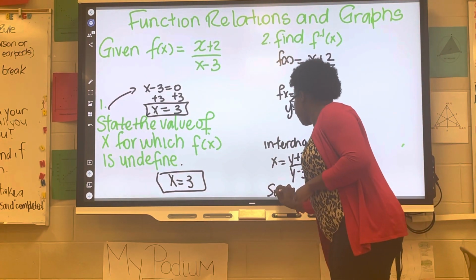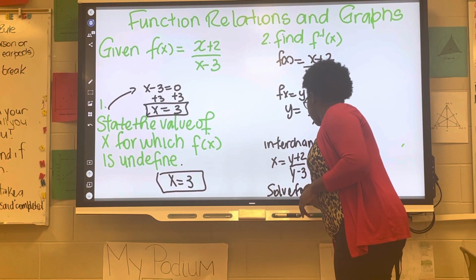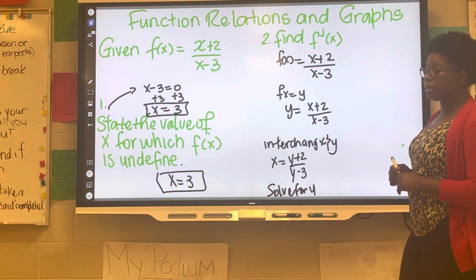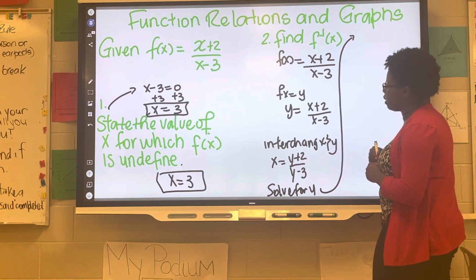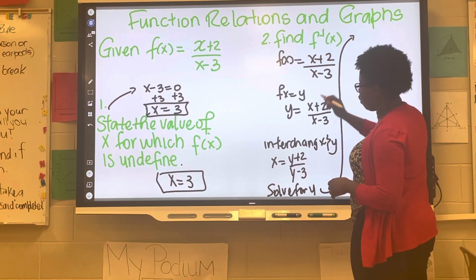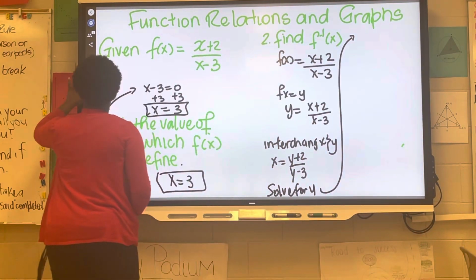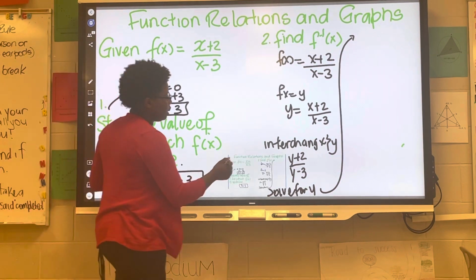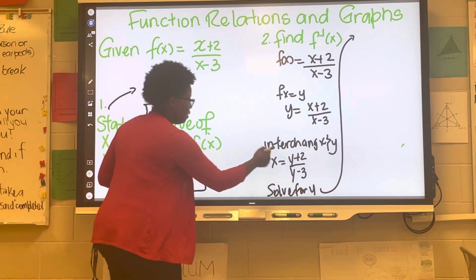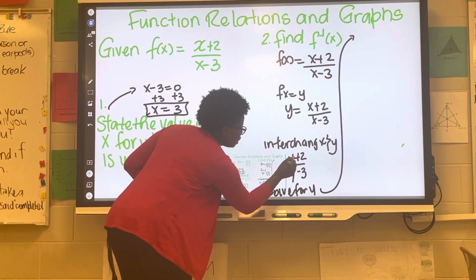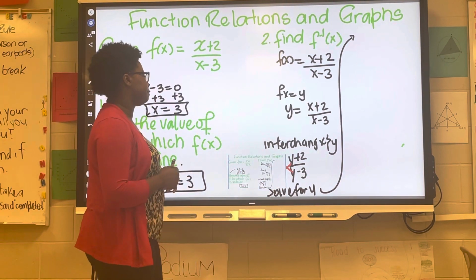And from here, we solve for y. And to solve for y, you basically get y by itself. So first, I'm going to cross multiply, and I do that because here we have a fraction on the other side. So this is over 1. So we're going to do the butterfly method.